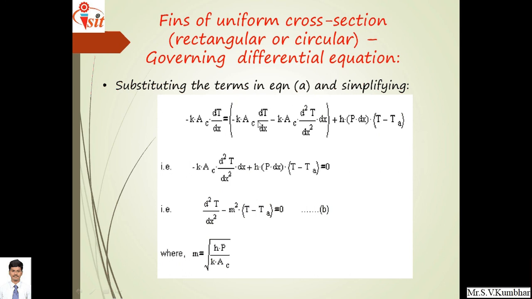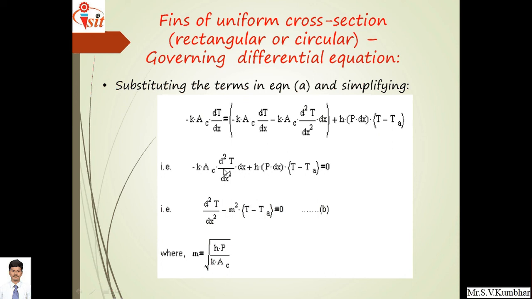Here, just solving this equation, try to take the left hand side to the right hand side. We will get a minus here and a minus here, which will get cancelled because they have the same sign. So what will remain is only minus K d2T upon dx square into dx plus hP dx (T minus Ta).